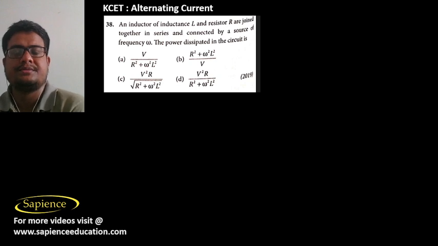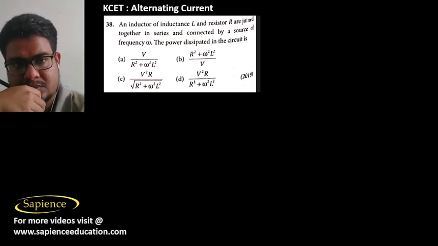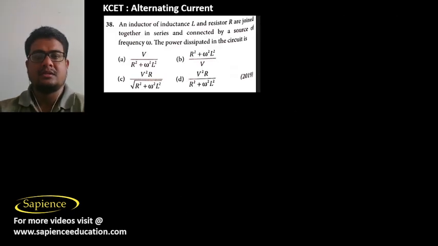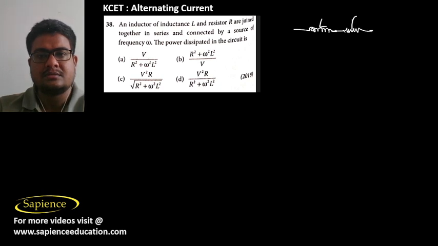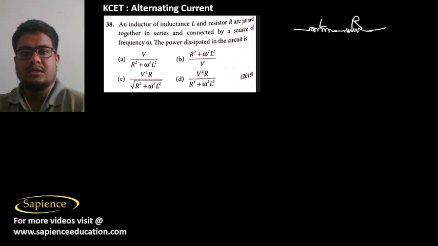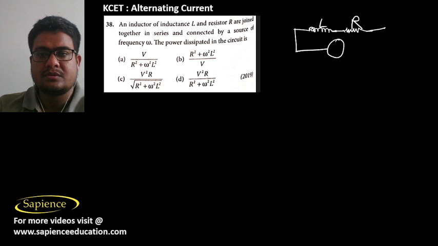Question number 38, it is told an inductor of inductance L and a resistance R are joined together in series, connected to a source of frequency omega.